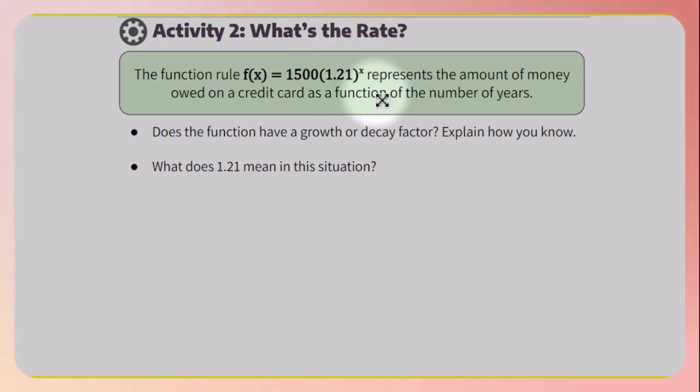So this is how much we would borrow. Then after 1 year, if we didn't pay anything at all, we would owe that initial amount plus another 21%. Then on year 2, we would replace that x with a 2, year 3, so forth. We would just replace that x with the exponential increments.